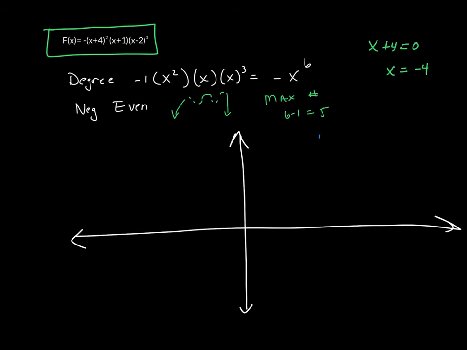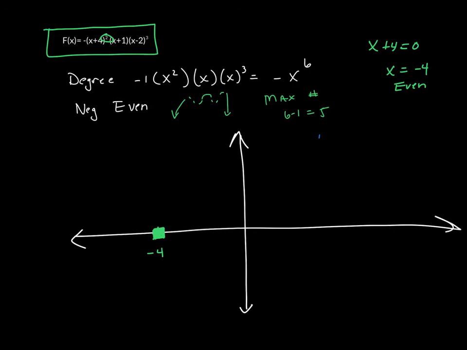But remember, that is a multiplicity of 2, so it has an even multiplicity. So at negative 4 over here, I draw myself a box, because I want to make sure I remember it does not cross the x-axis at negative 4. It comes down and touches it. And that happens anytime there's an even exponent.